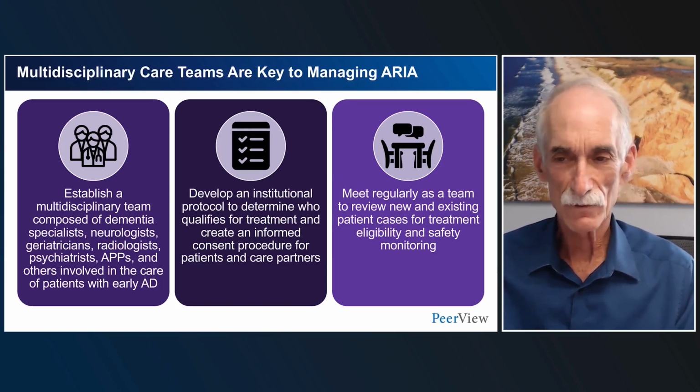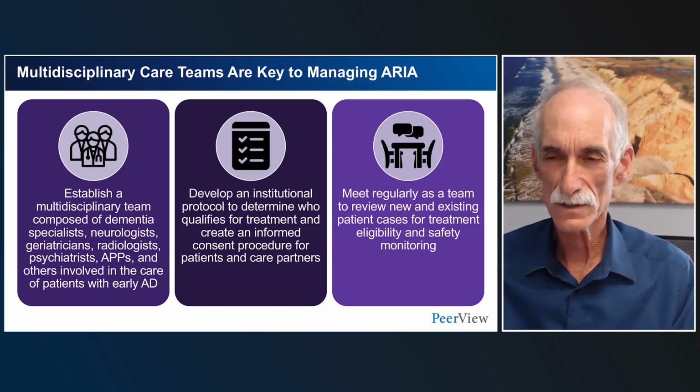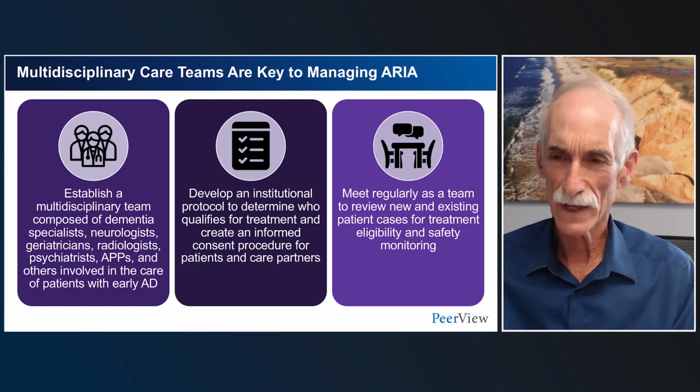It's also helpful to have a protocol, to be very specific, and we've laid out for you, based on the label and the appropriate use recommendations, who qualifies and who should be excluded. You want to have that in writing.